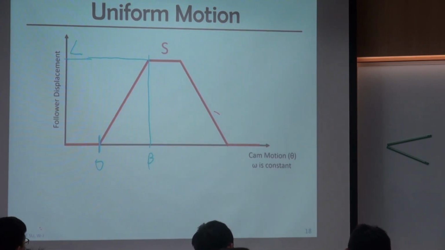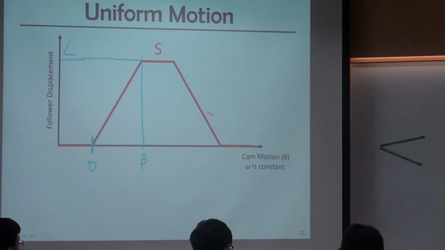And this curve is only valid for theta larger than 0 and smaller than beta. So this one is the curve for the rising part.